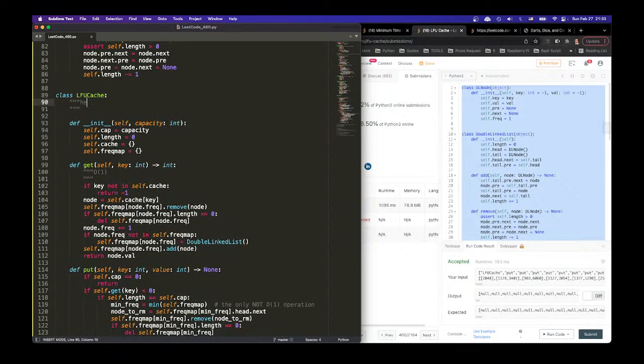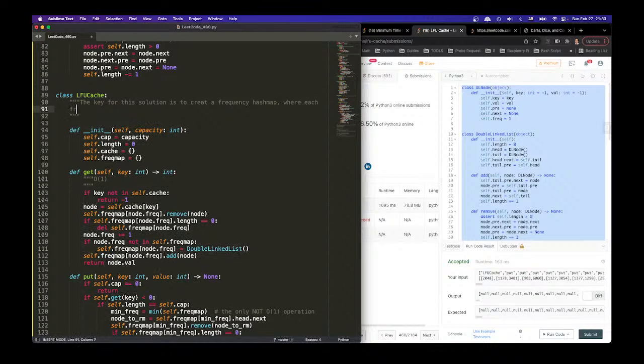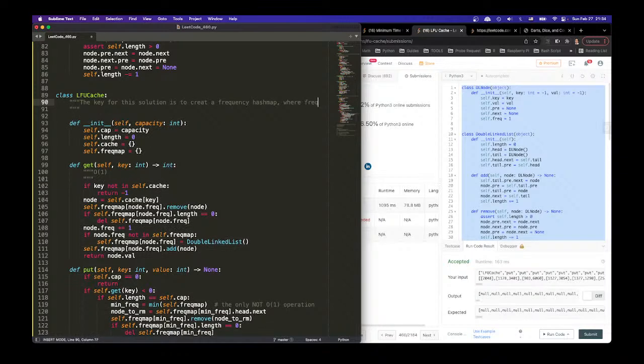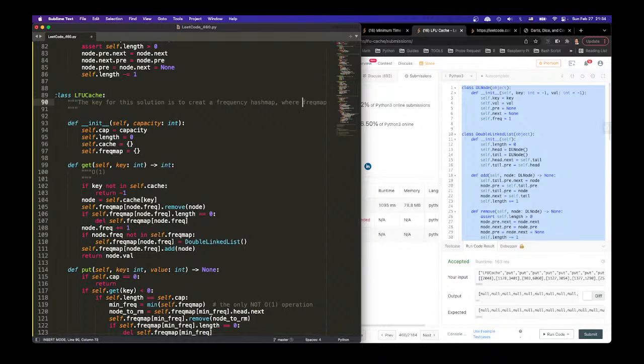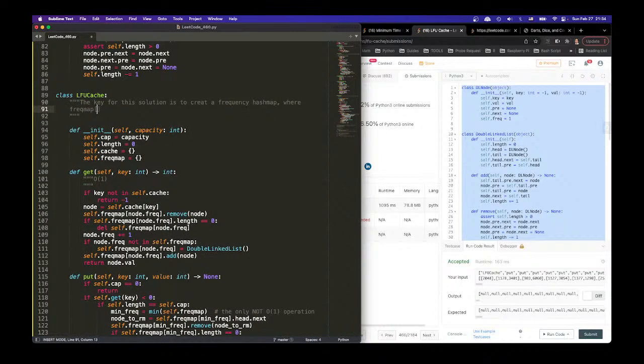The key for this solution is to create a frequency hash map, freq map, where freq map f is a doubly linked list that contains nodes of frequency f.